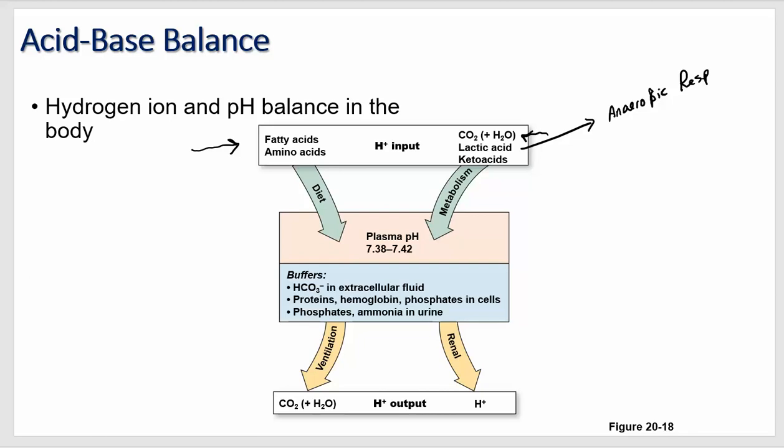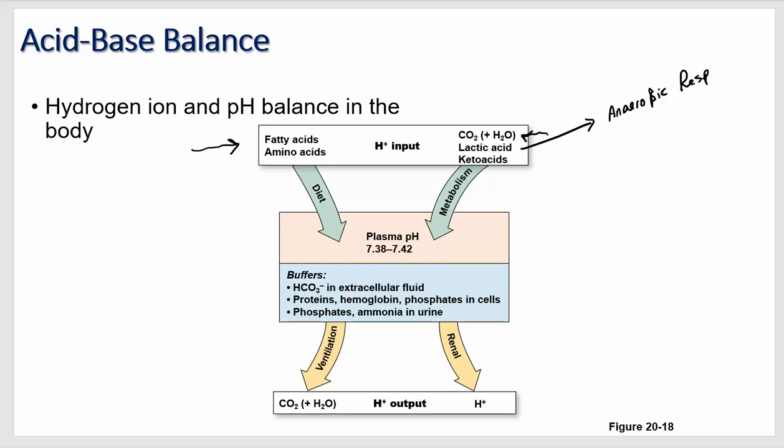And so the cells have to start burning fat. And when they burn fat for all of their energy, then they start producing things like beta hydroxybutyrate, acetone, and the acids that are associated with the fatty acids, those ketones. Okay, and there are a number of different ketones.